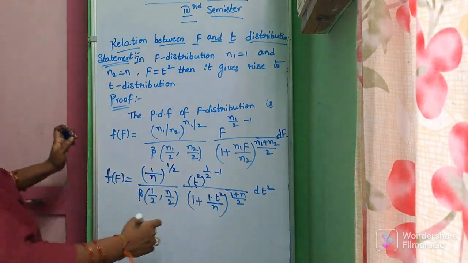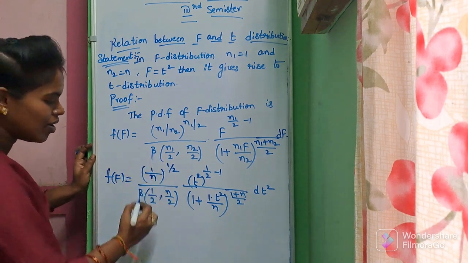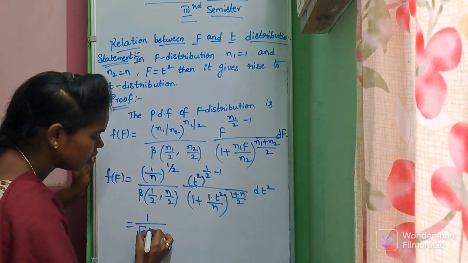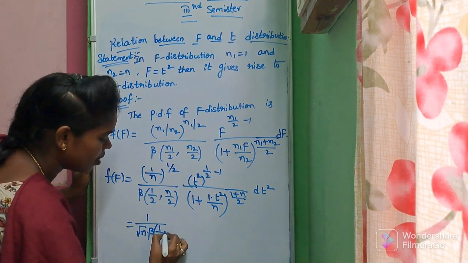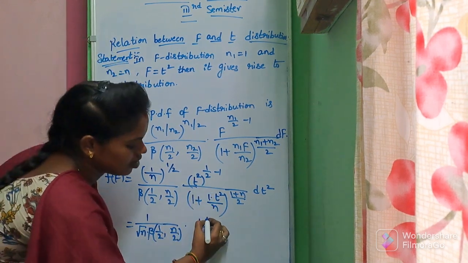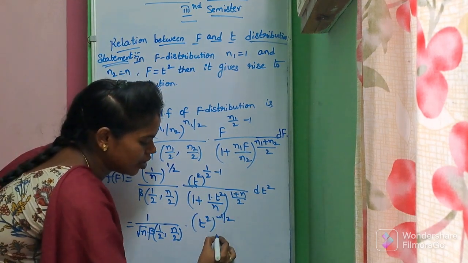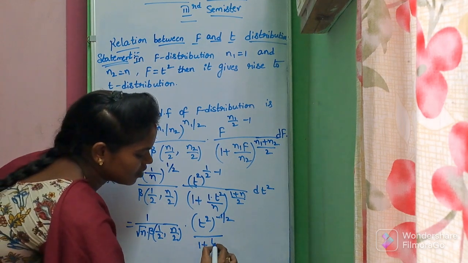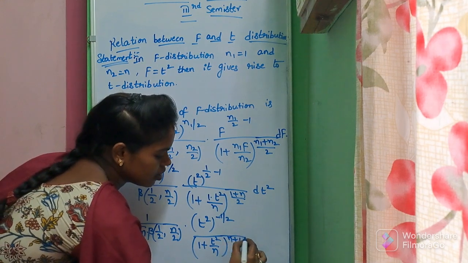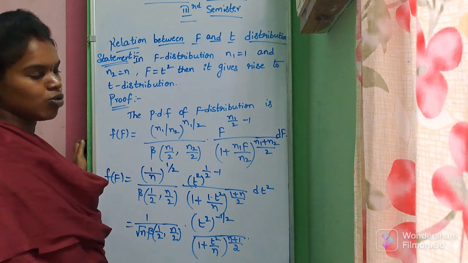We have to differentiate the t square. Here (1 by n) whole power 1 by 2 we can write as 1 by root n into beta of 1 by 2 comma n by 2 into (t square) whole power 1 by 2 minus 1 by (1 plus t square by n) whole power (n plus 1) by 2. 1 plus n by 2 and n plus 1 by 2 are both the same.